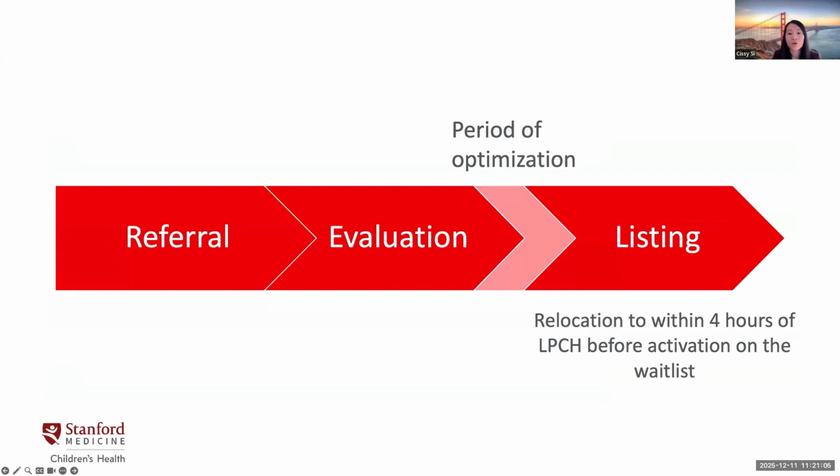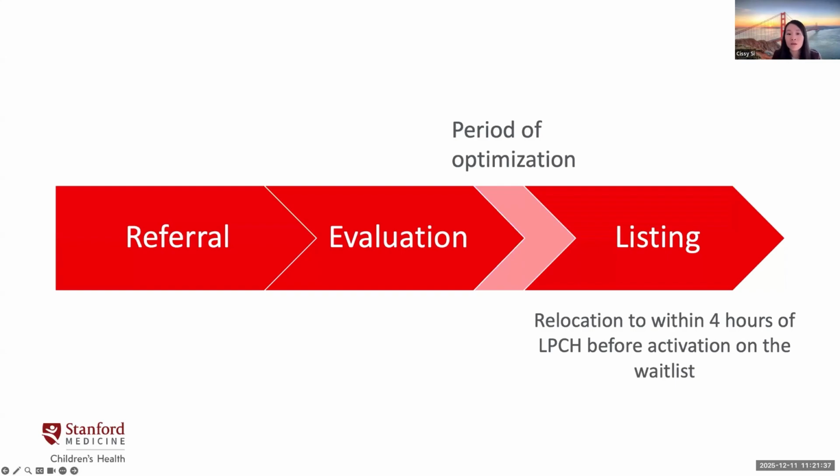The timeline from referral to evaluation and ultimately listing can happen in weeks if it's a very rapid process for someone who is very sick and needs to be listed quickly. But more common than not, this process lasts on the order of months and sometimes even years. Many of our patients have a period of optimization or deferment from that evaluation to listing timeframe.